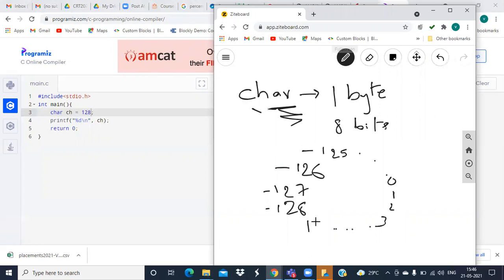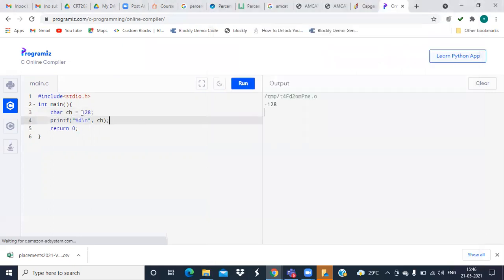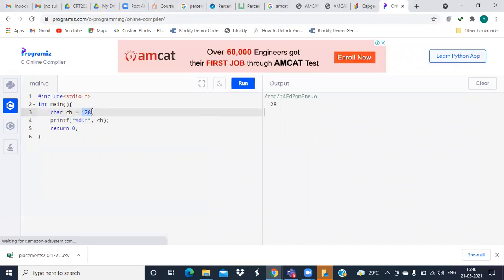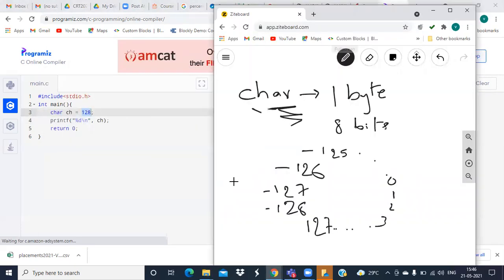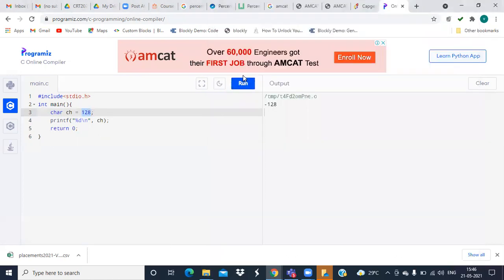Now this is 127, where your maximum limit is exhausted. So when you try to store 128, it will not tell you that it is beyond the range, but it starts going in the clockwise direction. 128 is just one step away from 127, so it goes to minus 128, and that's how you get minus 128 when you asked for 128.